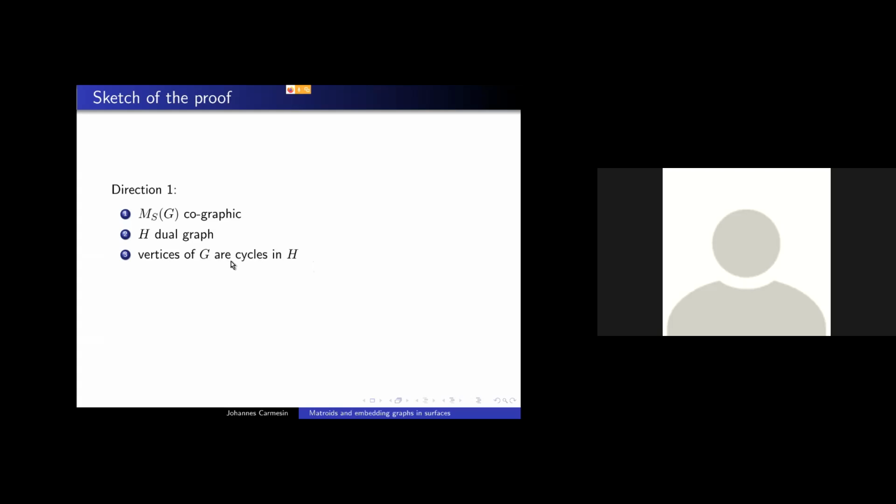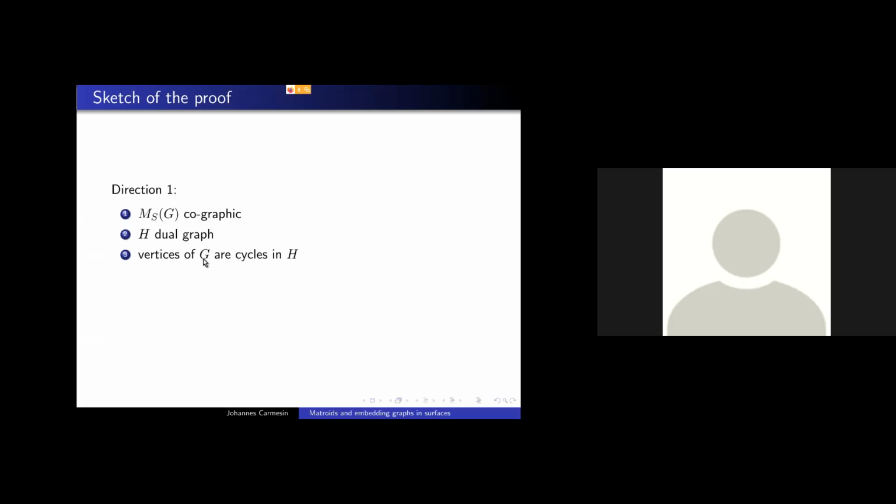Let me say again. If you take the outgoing edges of a vertex of the graph G, this would be an atomic bond of the graph G, which is orthogonal to all the cycles of the graph G. And now S is a subset of all these cycles, so in particular it will be orthogonal to all the elements in S. And now the local connectivity assumption gives you that these vertices are really minimal.